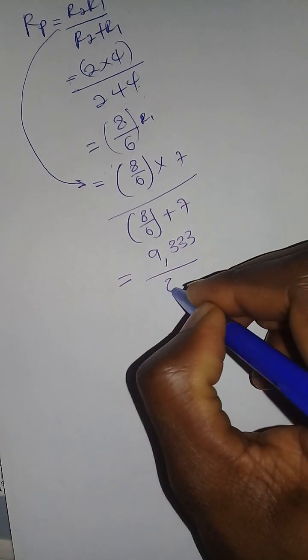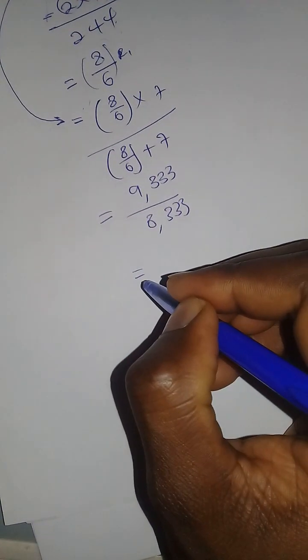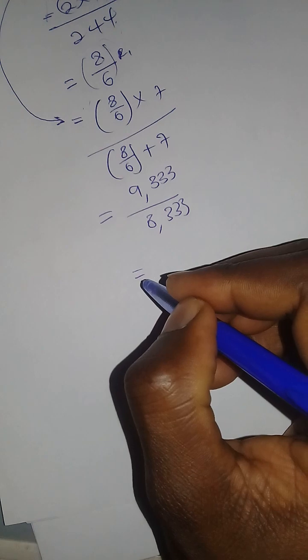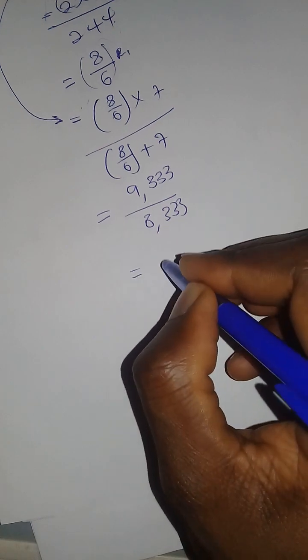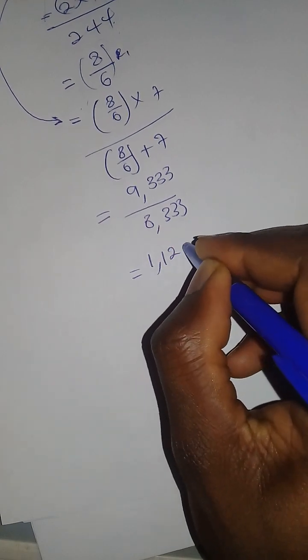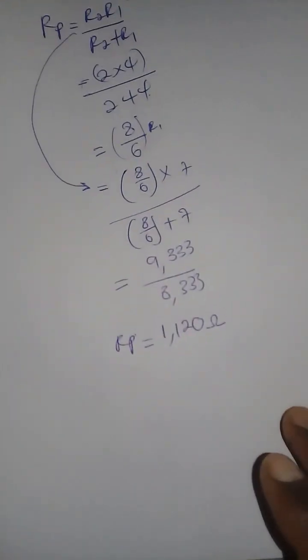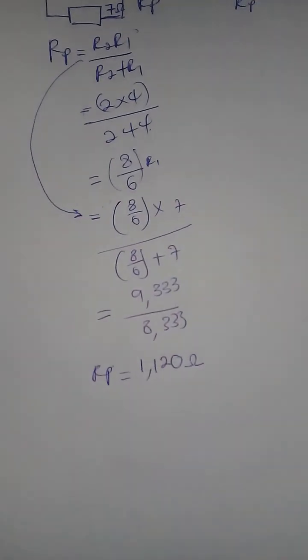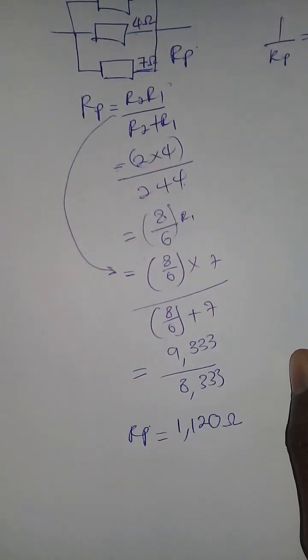That's going to give you 8.333. If you divide this by 8.333, that's going to give you 1.120 ohms. That's your Rp.